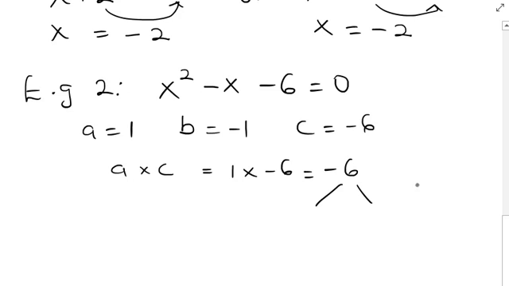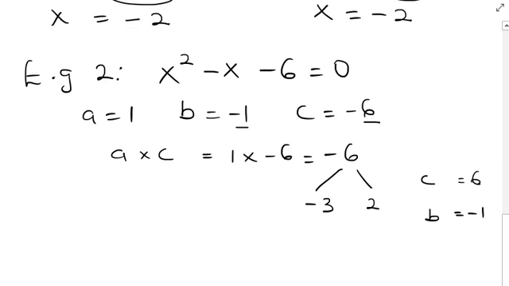What will I multiply together to get my c, and when I add, I get my b? That is, I get this c when I multiply, and when I add, I get this b. So minus 3 and 2. When I multiply minus 3 and 2, it gives me minus 6, and when I add them together, it gives me minus 1. So that is what I will be using to simplify further.